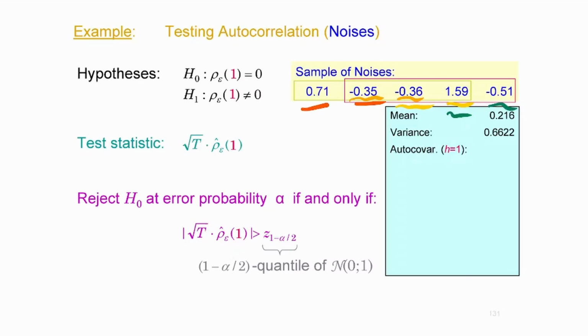Although we have 4 observation pairs that we use to calculate the autocovariance, we divide the sum by 5. Keep that in mind according to the formula, because capital T is equal to 5. So that's something you need to be aware of. Then, when you calculate the autocorrelation, 1 by 5 will cancel out anyway. But if you are just evaluating this thing, you would need to understand this.